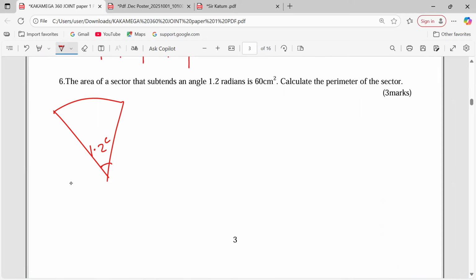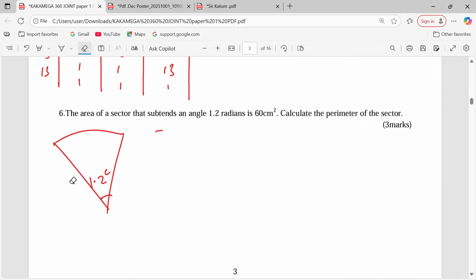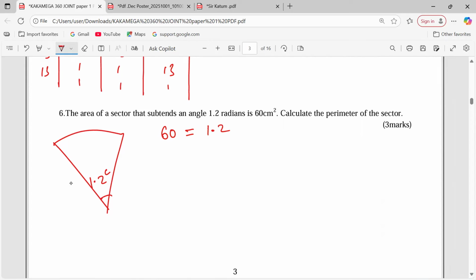Can we first find the radius of this particular sector by saying that area is given by: the area is 60 equals beta over the whole angle.